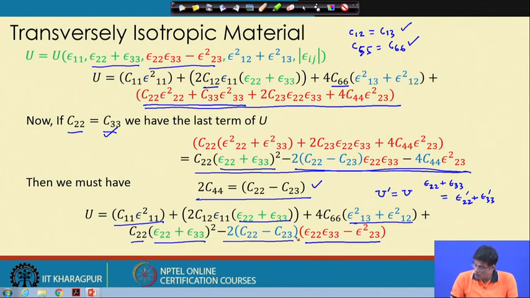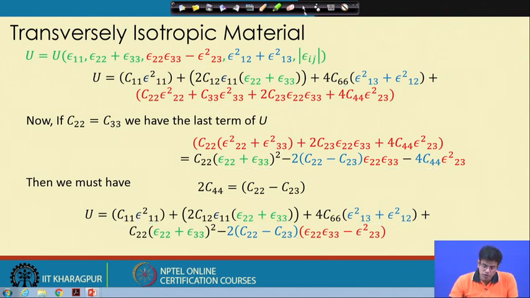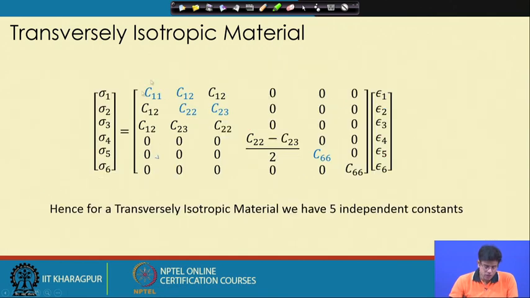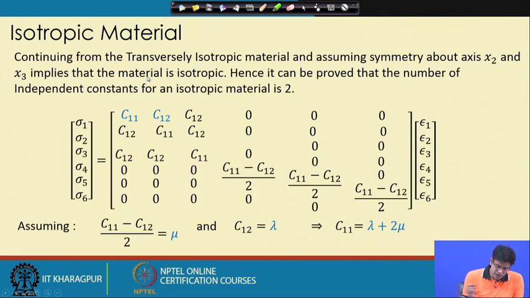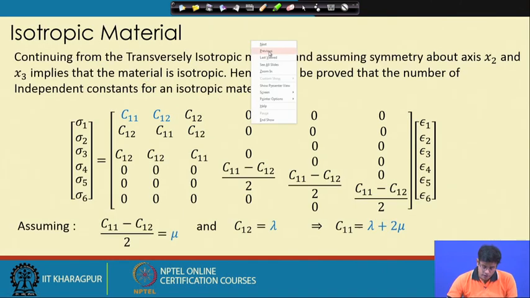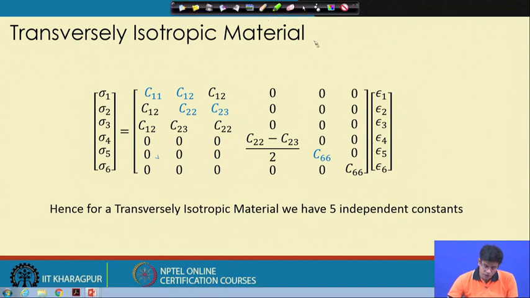If I now write it in a formal matrix form, let us see how it looks. It looks like this. If you see carefully, C11, C12, C22, C23 and C66 are my independent constants.